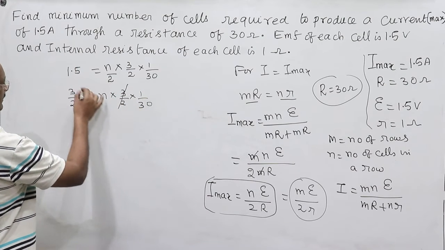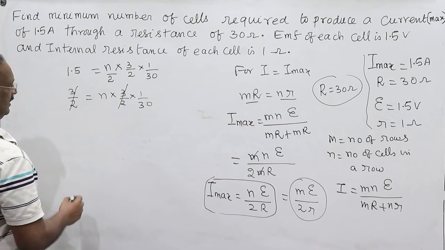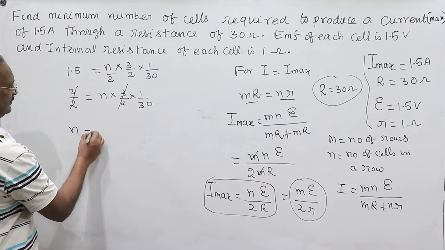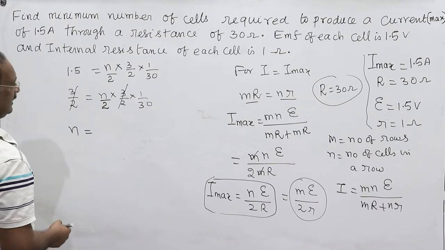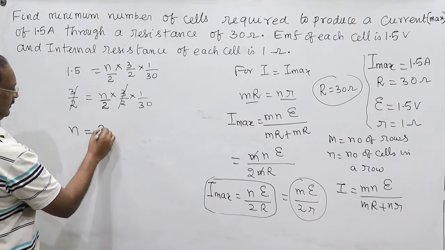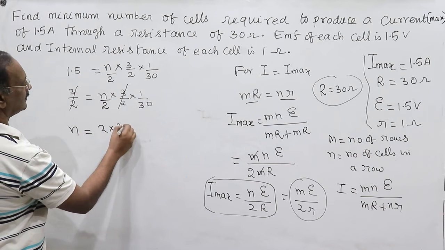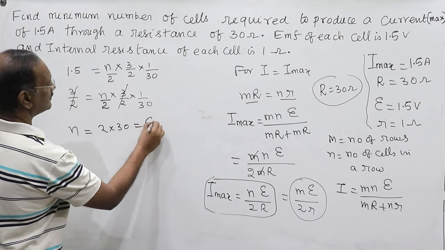So this and this we can cancel. Our n is equal to 2 into 30, which is 60.